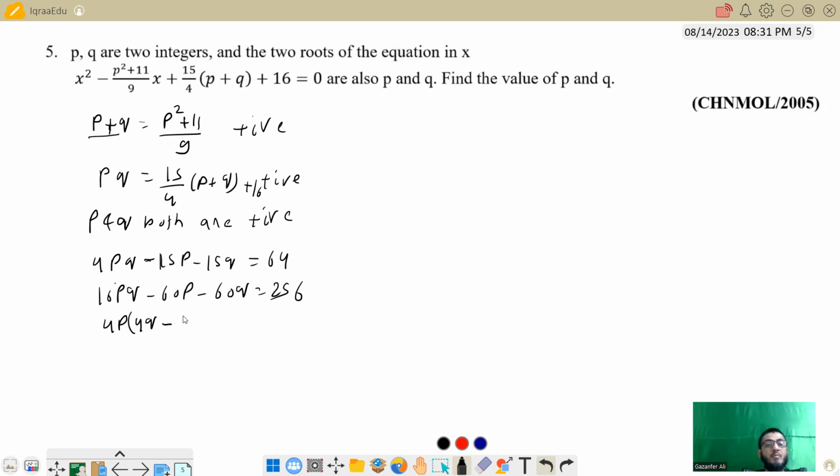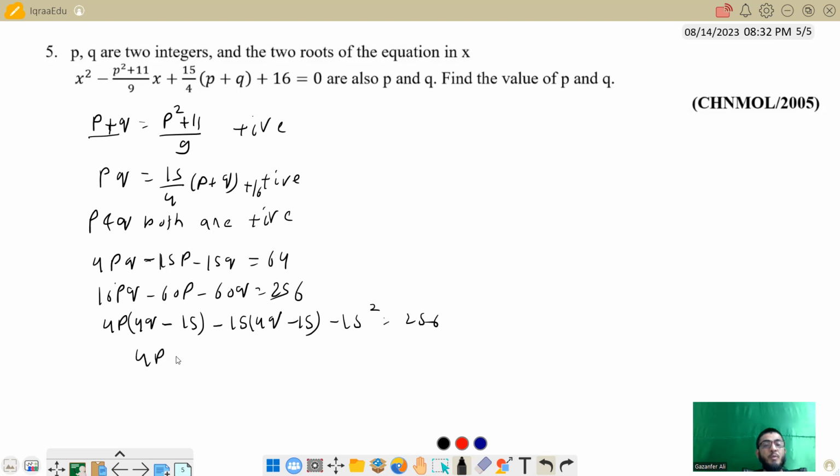What happened? Minus 15. We'll take minus 15, so 4Q minus 15. So this will be minus 15 square is equal to 256.